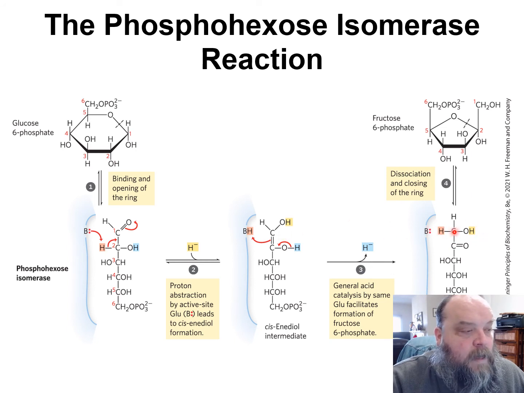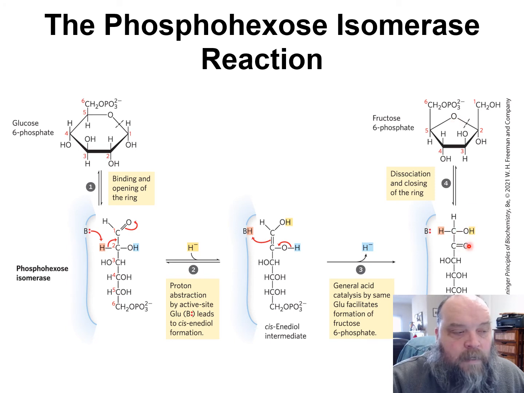Hydrogen's been released from the R group, and it's now here at carbon 1. So carbon 1 now has 1 hydroxyl, 2 hydrogens. Carbon 2 now has a carbonyl. Hey, look right here. Oxygen.